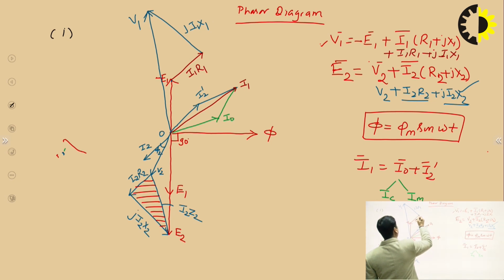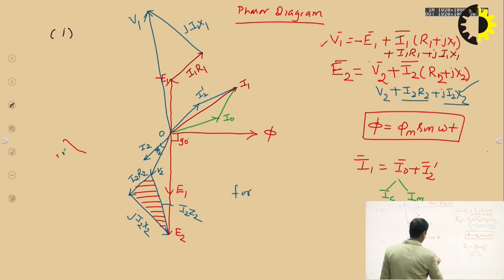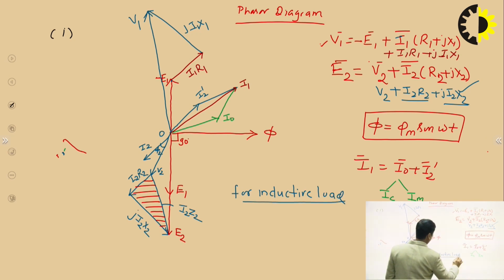This is minus E1, I1 R1, j I1 X1, and this is the phasor diagram for inductive load. Here the current lags the voltage by some phase angle, suppose phi 2. It depends upon the load, actually, the power factor.